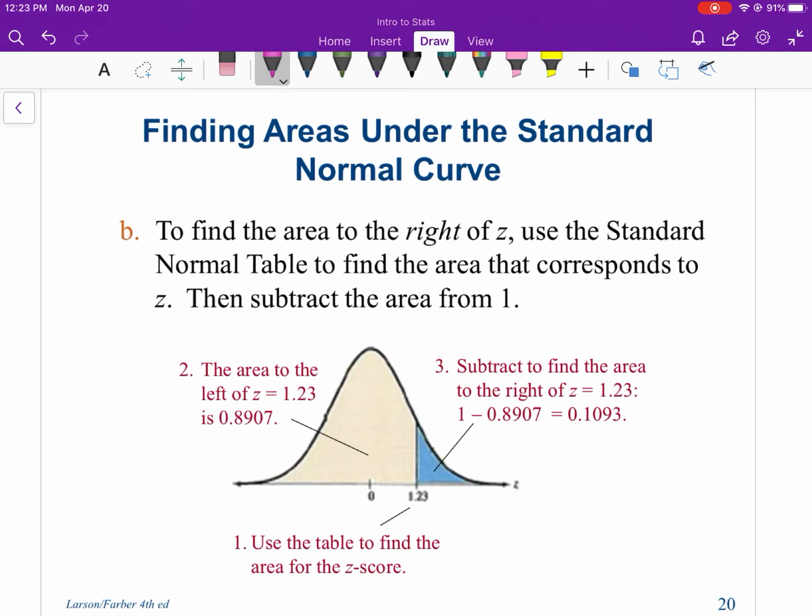This z-score here is 1.23, and I'm looking for the blue area. I know that the entire area under the curve is 1. So I take the area on the left side from my table and subtract it from 1 to get my final area of 0.1093.